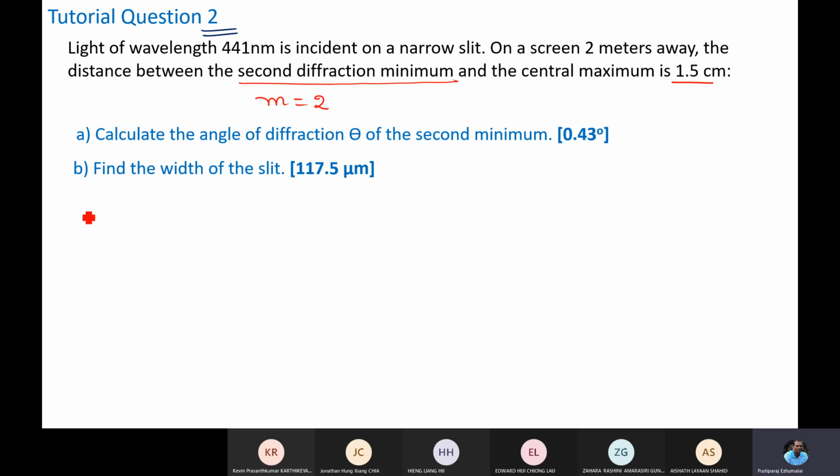So we know the formula. What is the formula for minima? What is the condition for minima?